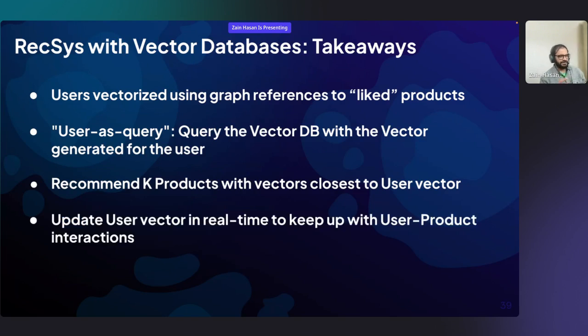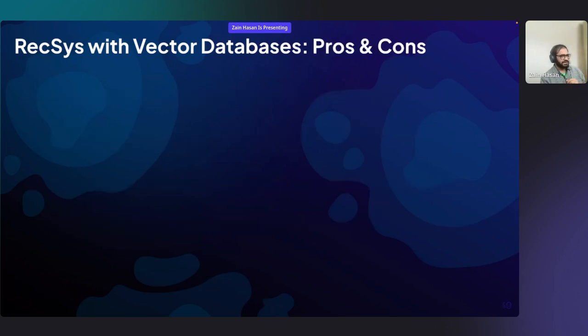The interesting thing here is that, like I demonstrated, you can keep this up to date in real time. As user preferences change, your recommendations can change in real time. I want to end off with a couple of advantages and disadvantages here, which I think will be instructive to how you can implement this and how it can work with your other recommender systems that you already have working in production.